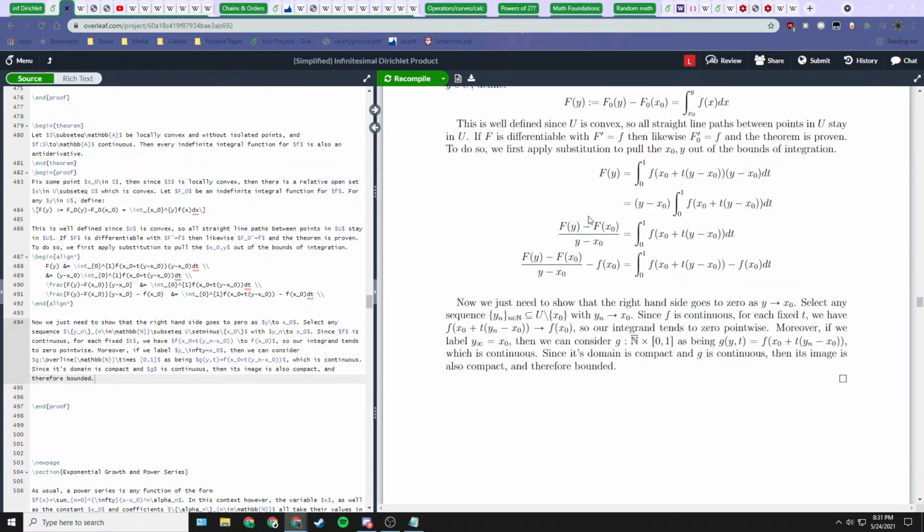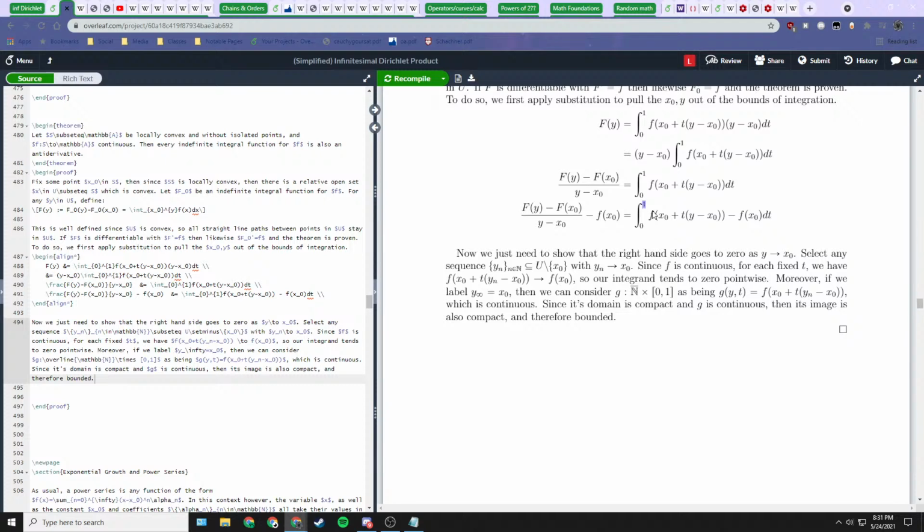And then we just have to show that this difference quotient tends to lowercase f of x0. So we subtract our lowercase f of x0, and because this integral is over a 0, 1 range, when we subtract f of x0 on this right side, we can just pull it into the integral. Now all we have to do is show that this integral on the right side goes to 0 as y goes to x0.